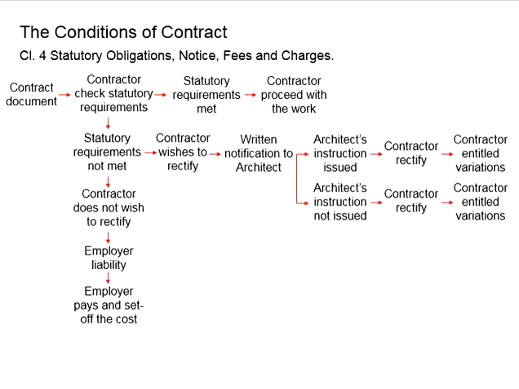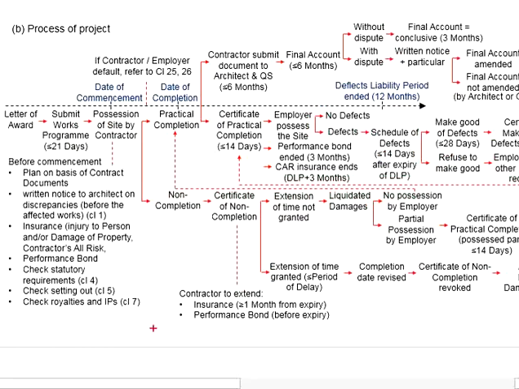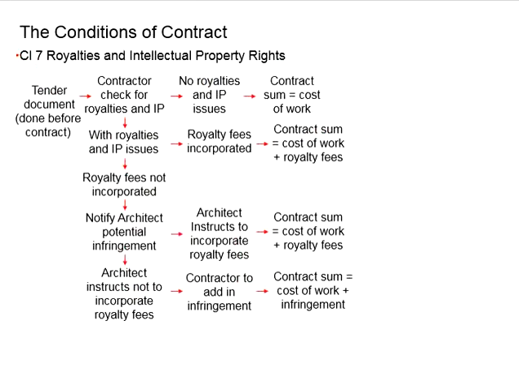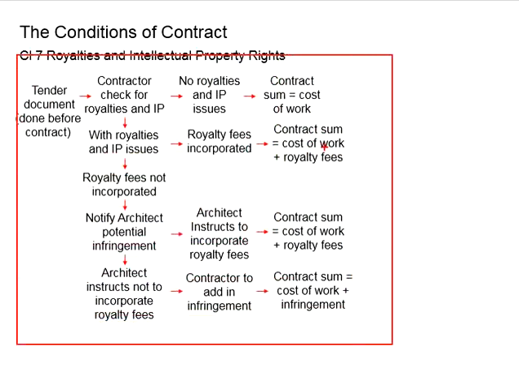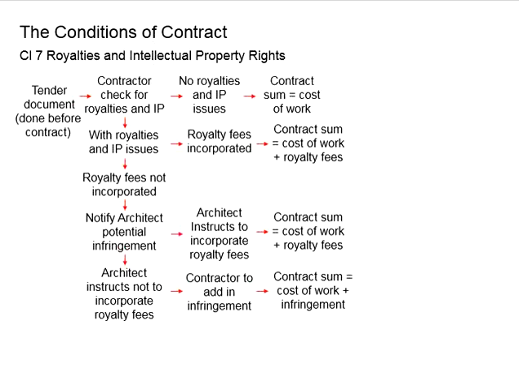making sure that the statutory requirements are not being violated. Next, the contractor will also need to check for the issues related to the royalties or the intellectual properties. These are clearly stated in Clause 7. Preferably, this should be ratified before they enter into the contract.